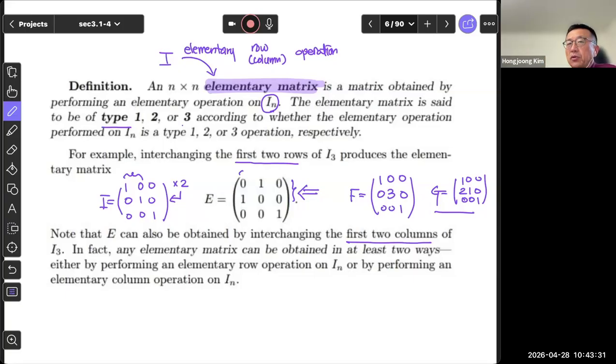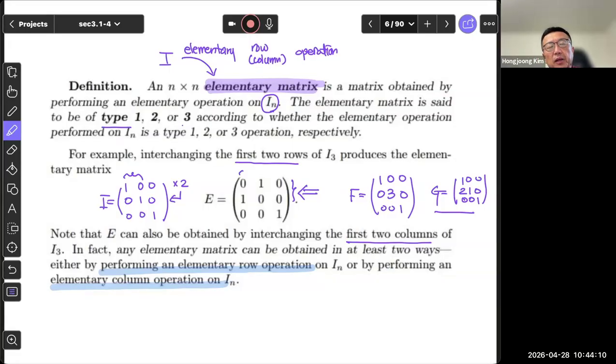So an elementary matrix can be obtained in two ways. You can perform an elementary row operation on the identity matrix, or an elementary column operation on the identity matrix. Then you obtain the elementary matrices. So E, F, G, such elementary matrices can be obtained in two ways.